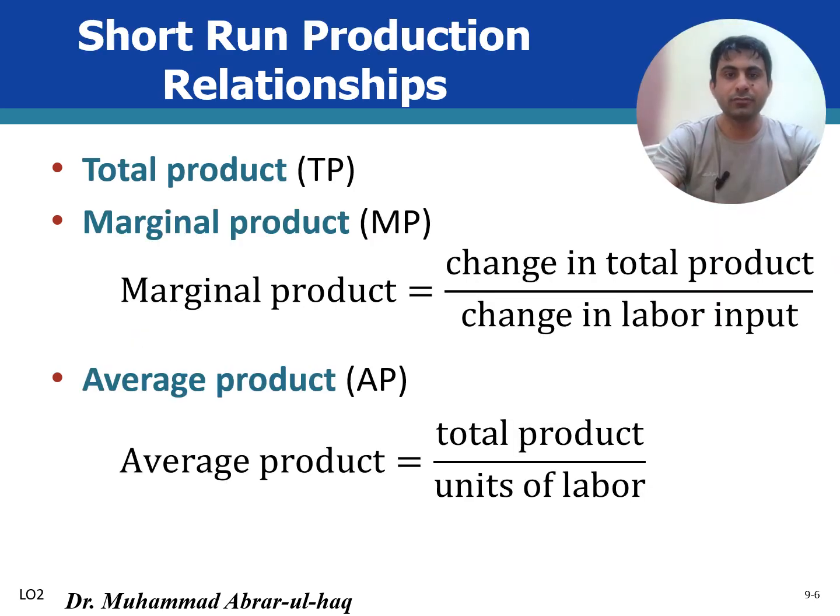Production relations in the short run highlight how labor inputs relate to the outputs. So here we have certain concepts like the total product, marginal product, and average product. The total product represents the overall quantity of goods produced by a firm.